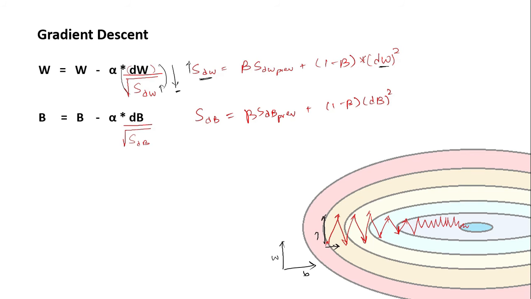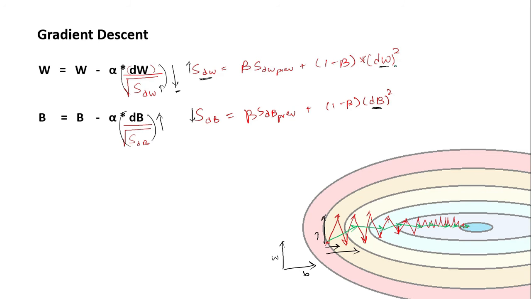And as the movement in the b direction is smaller, db is going to be smaller, thus Sdb is going to be smaller, and as we are dividing by its square root, this entire quantity is going to be higher. Thus the movement in the horizontal direction is going to be higher, and the net movement is going to be much straighter and much larger towards the local minima. Thus we are going to have faster training of our model.